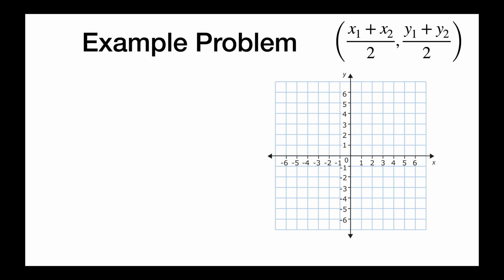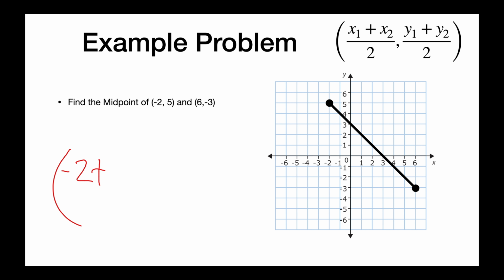Let's try an example problem. In this case, we want to find the midpoint of negative 2, 5, and 6, negative 3. I'm going to put these up just so it's a little bit easier for us to see. All right, so I'm going to use my formula. So in this case, it is x1, which is negative 2, plus x2, which is 6, divided by 2.